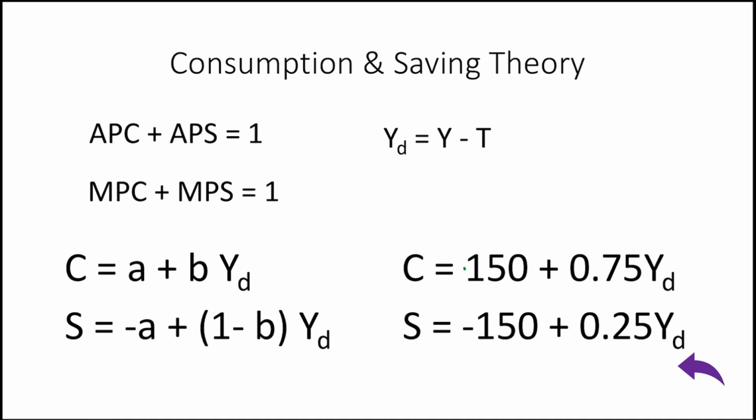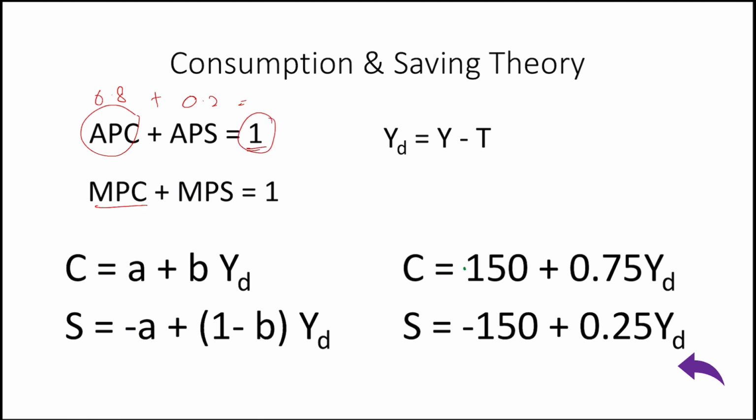consumption theory. So what is the relationship between consumption and saving theory? As you can see just now, APC we get 0.8 plus APS 0.2 equals 1. So APS plus APC always equals 1.